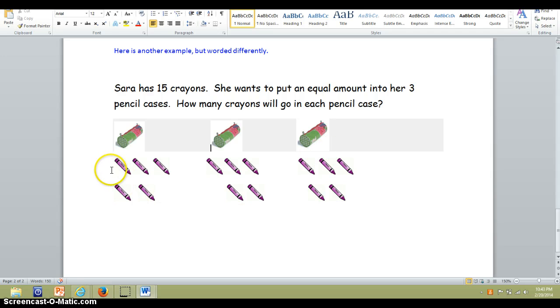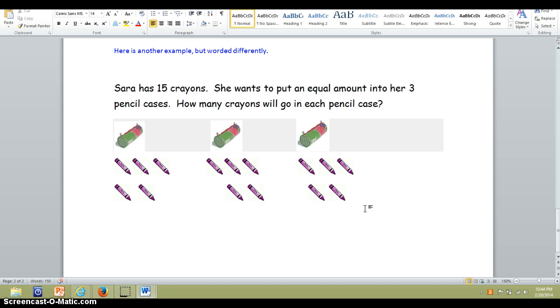And then I'm going to start with the very first pencil case, and I'm going to give each one a crayon, and I'm going to count on as I go until I reach 15. So 1, 2, 3, 4, 5, 6, 7, 8, 9, 10, 11, 12, 13, 14, 15.